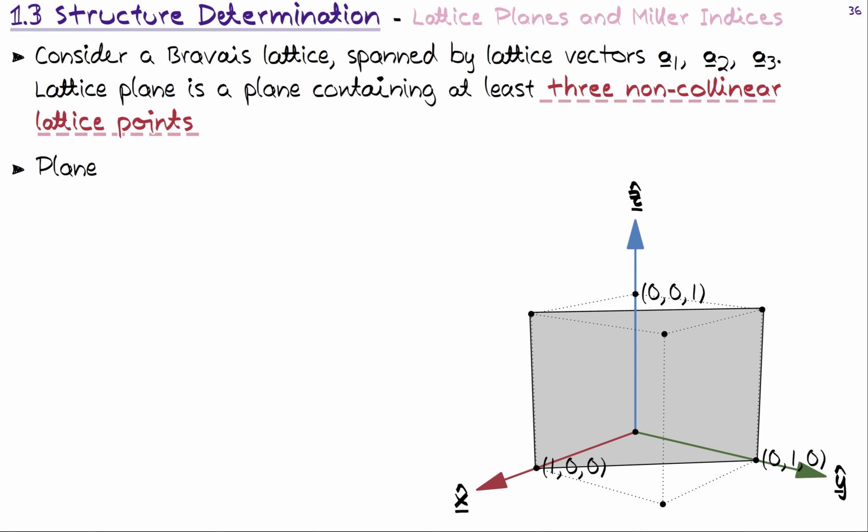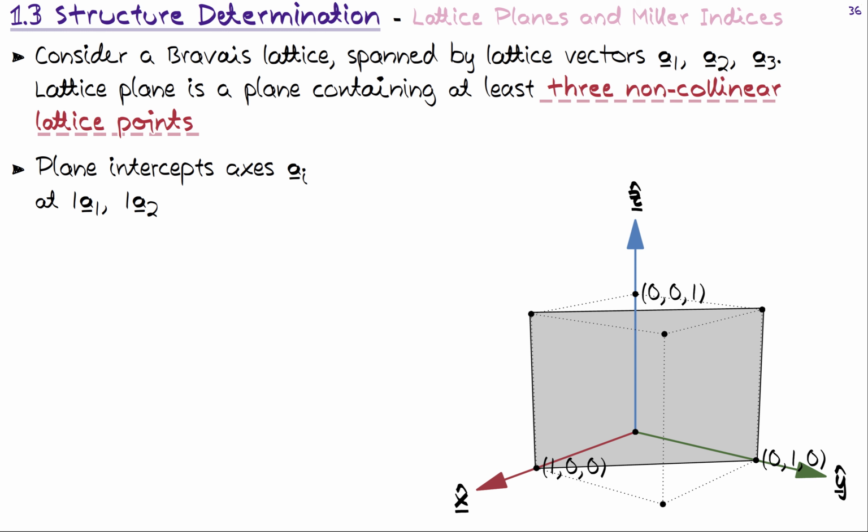So we have a plane, and a given plane intercepts these axes Ai. In the case of the picture, it is intersecting the axis A1, the x-axis, at point unity, so at the first lattice point away from the origin. The same takes place in the y direction.